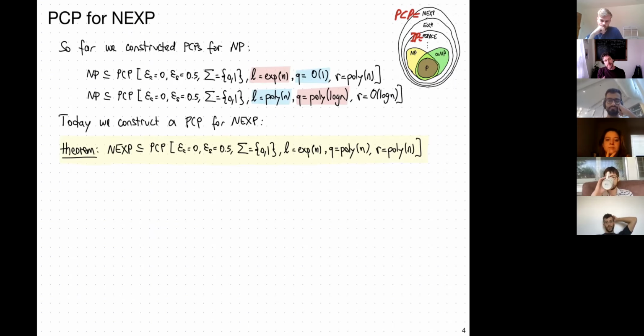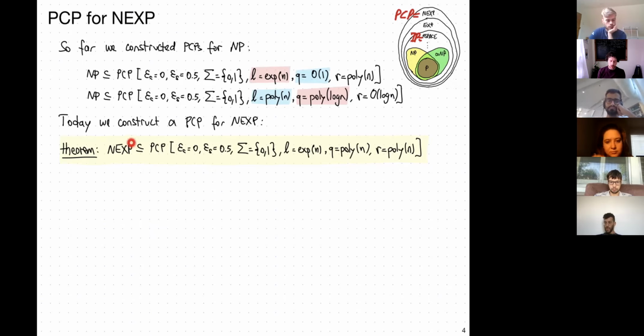And the nice thing is that by taking the ideas that we'll see today and adding some new ones, we can take this PCP for NEXP and show that it gracefully scales down. So instead of having polynomial time PCP for NEXP, you can get a polylog time verification for NP. So these are the two main motivations that I wanted to mention.